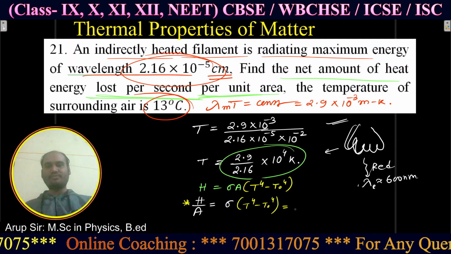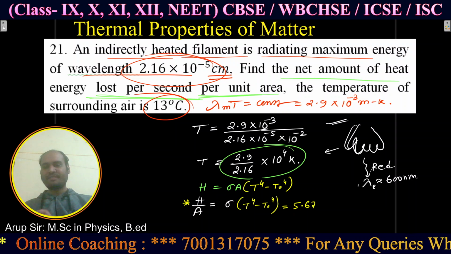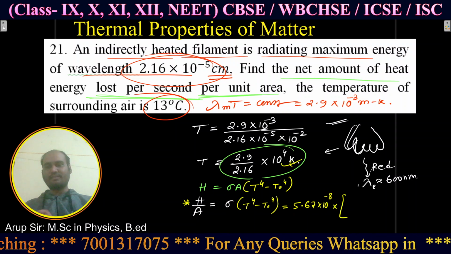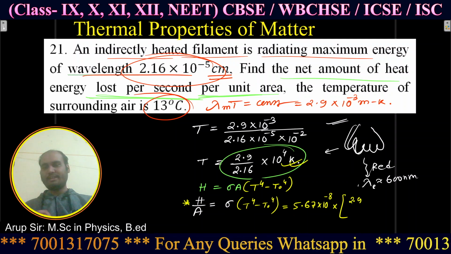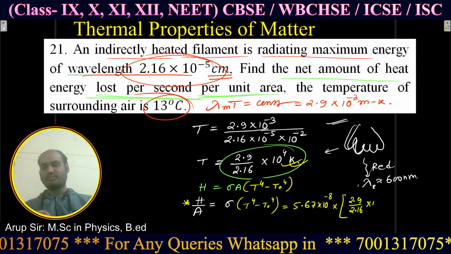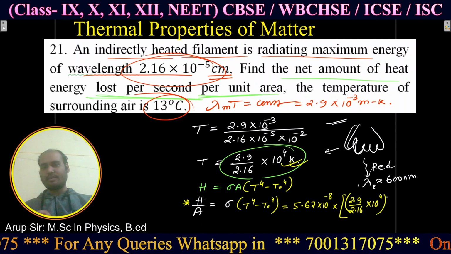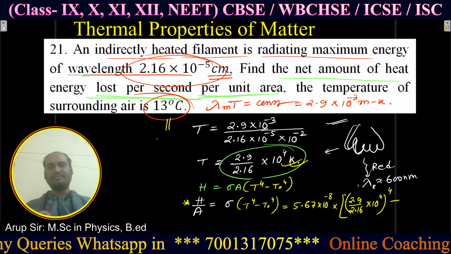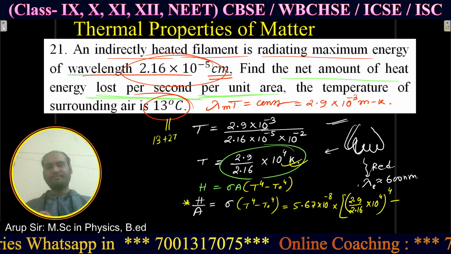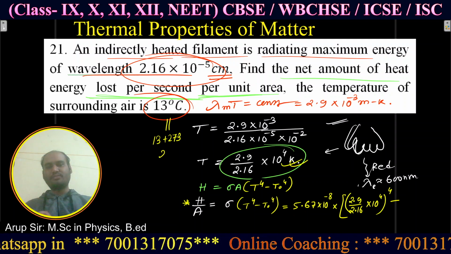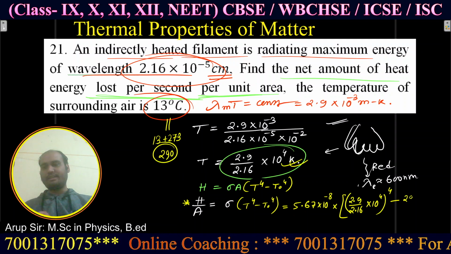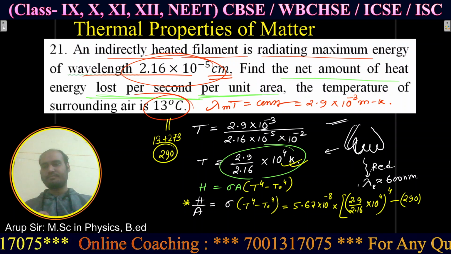Sigma is 5.67 into 10 to the power minus 8, into T, which is 2.9 divided by 2.16 into 10 to the power 4 whole to the power 4, minus, now 13 degrees centigrade means how much Kelvin? 13 plus 273, which is 290. So now we put 290 whole to the power 4.